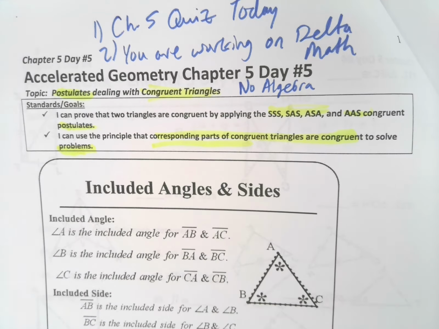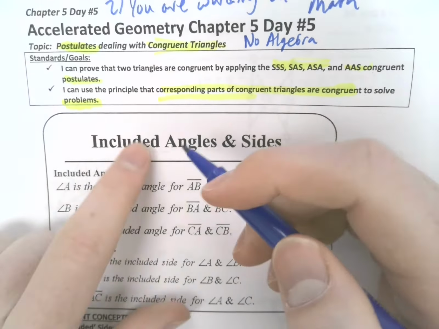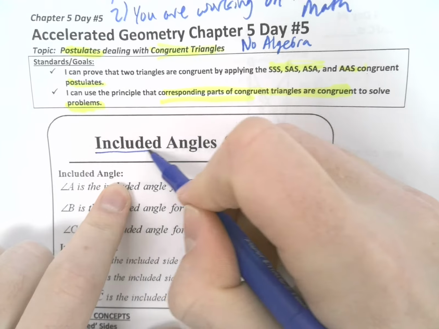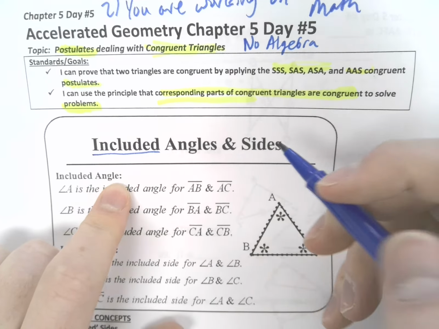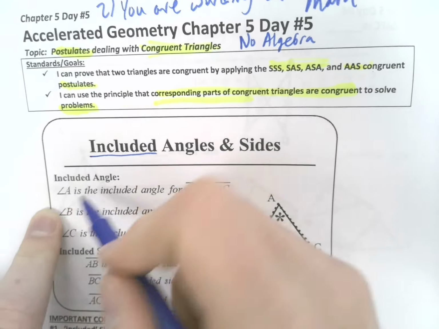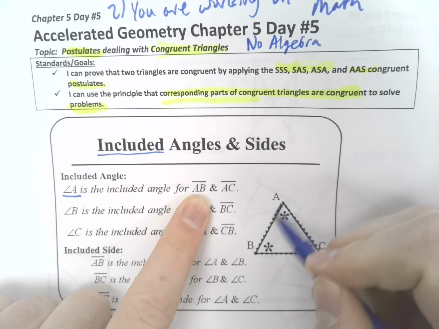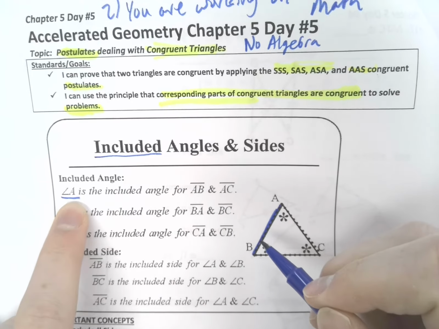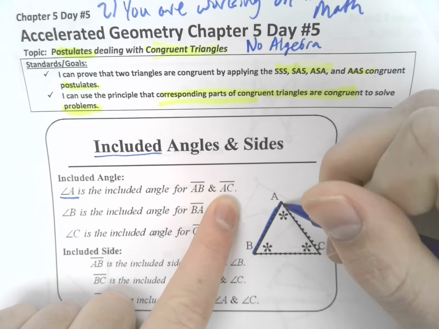But real quick, guys, let's talk about something that may sound a little confusing until I use another word to describe it. Included angles and sides. You're probably thinking, what's that about? Angle A is the included angle for AB and AC. I'm color coding: this is blue.